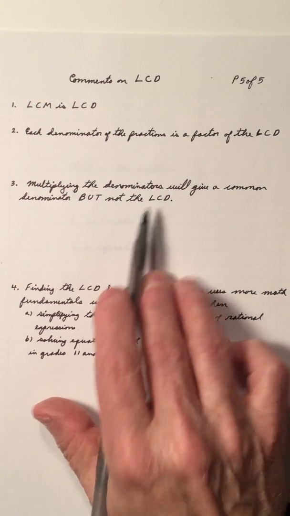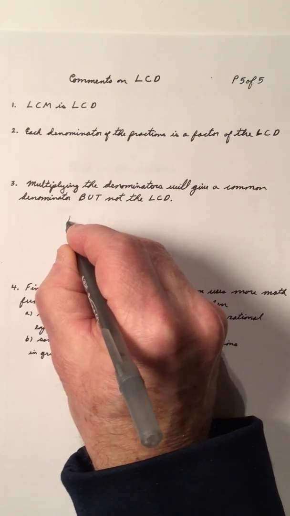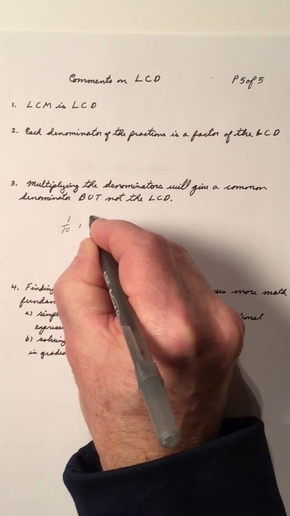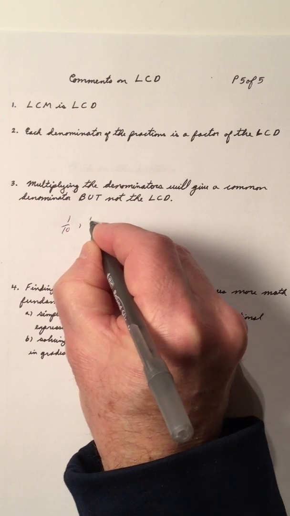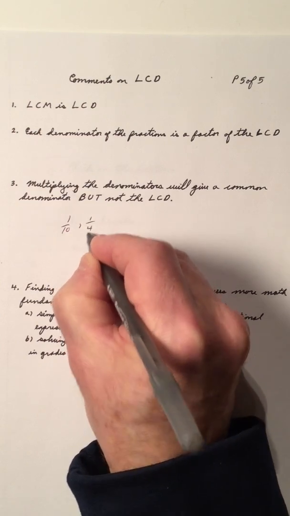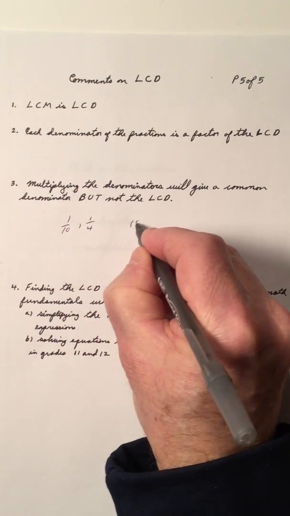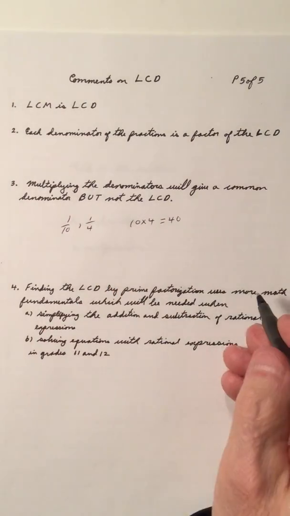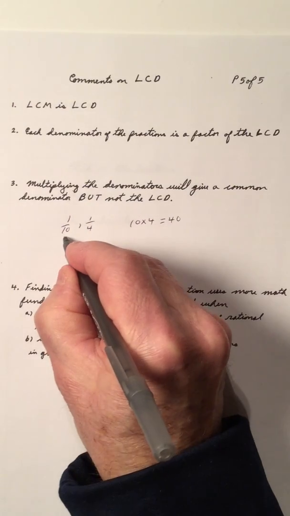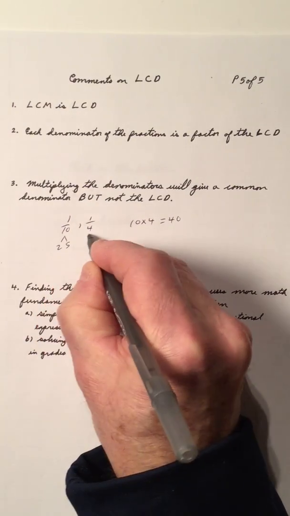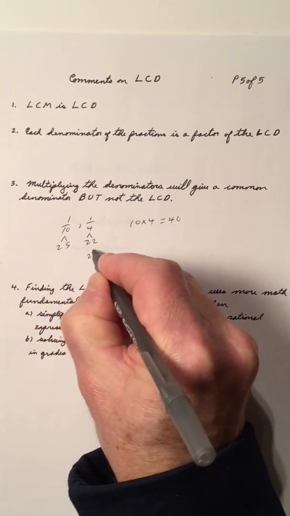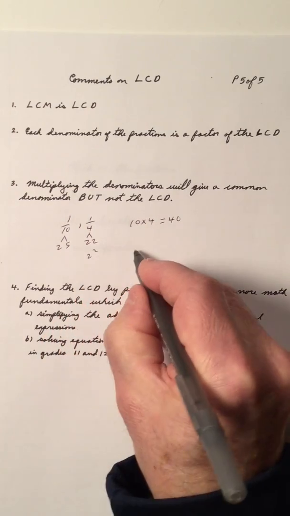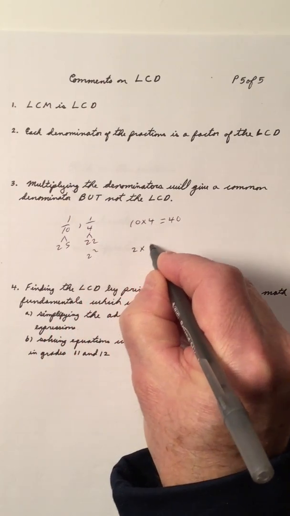An example, if you take 1 over 10 and 1 over 4, if you multiply them, you'll get a 40. 40 is a multiple, but it's not the least one. The least one, 10 is 2 times 5. 4 is 2 times 2, which is 2 squared. So we have a 2 and a 5.